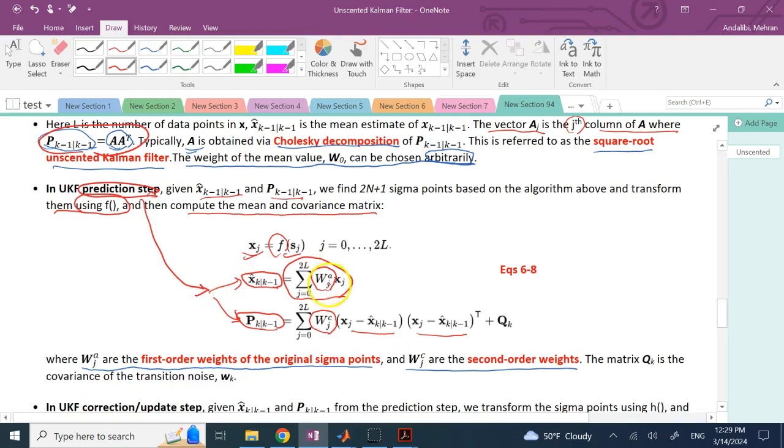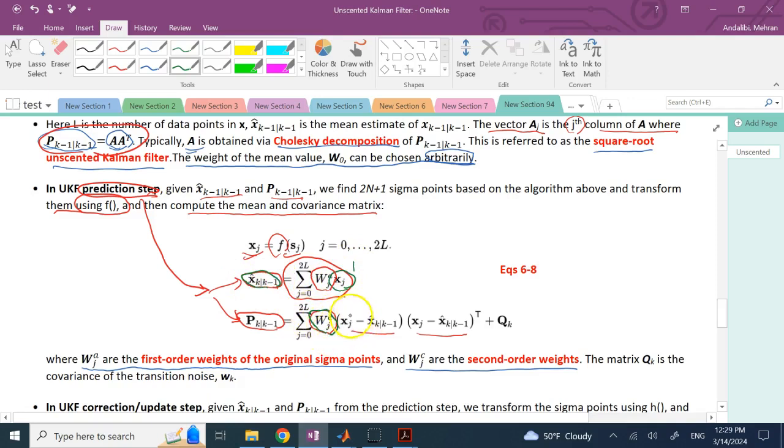And why do we call waj and wcj first order and second order weights? You see that in the application. The waj's are the weights of linear terms, or first order terms, to calculate the average.